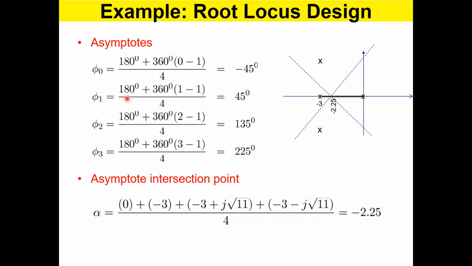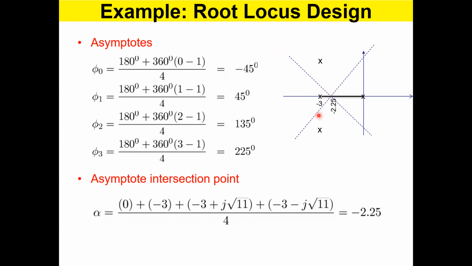The second one is 180 plus 360 times 1 minus 1 divided by 4. So that is plus 45 line. Third one is 180 plus 360 times 2 minus 1 over 4, 135. The fourth one is like this, 225. So you have 135 and 225 like this.